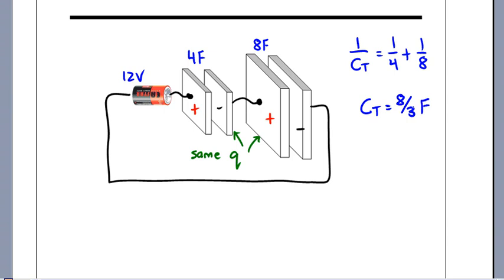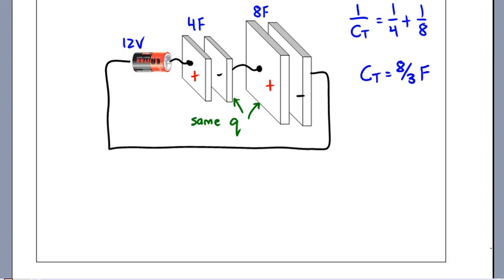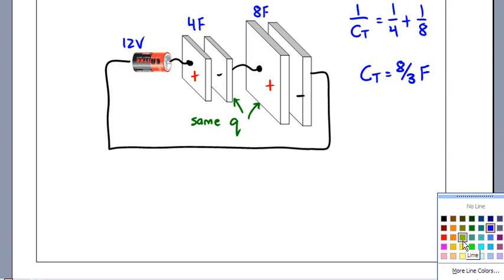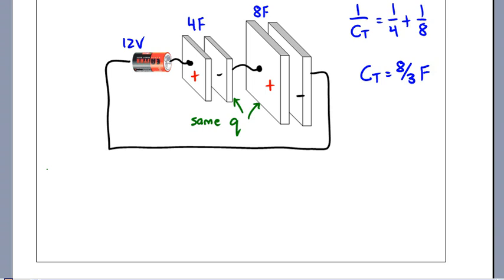Fantastic. Let's look at this thing globally for a minute. On the big picture, okay, we're going to be putting 12 volts on this story, and we've got 8/3 for our capacitance. Okay, so let's go with the whole picture. And we can say, all right, Q in total will equal capacitance in total times our total voltage.